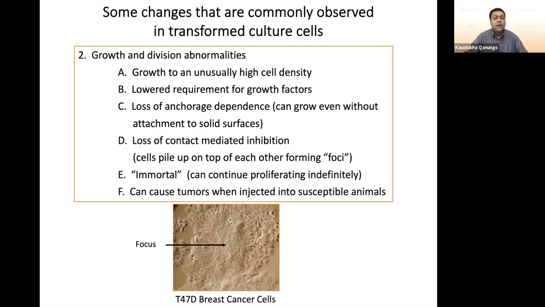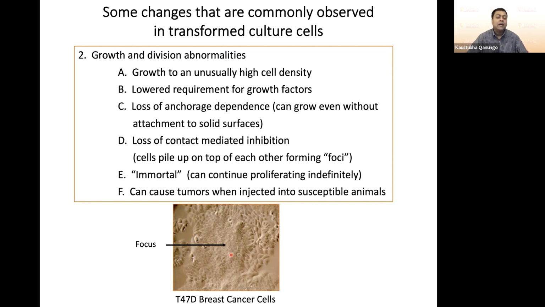So we just talked in the very first chapter about a book, which is about Henrietta Lacks. In the late 1950s, a cell from her cervical tumor, called HeLa cells after her name, was isolated. And that is still used in a number of different laboratories.